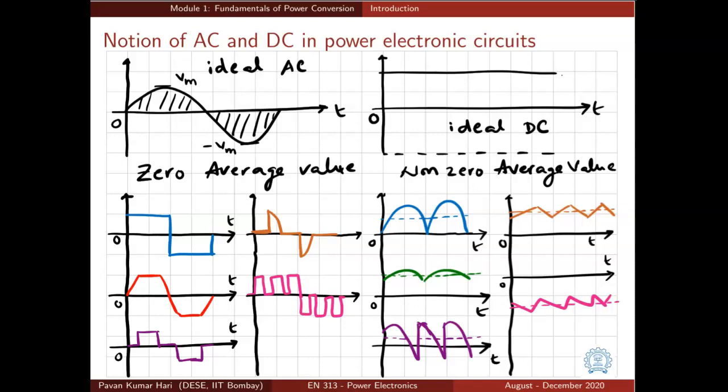Consider two AC waveforms now. For example, you can consider this blue and red. So the one which is closer to a sinusoid is a better AC waveform. There are methods to quantify whether a given waveform is close to the ideal DC or the ideal AC waveform. We shall learn about these methods of quantification shortly.